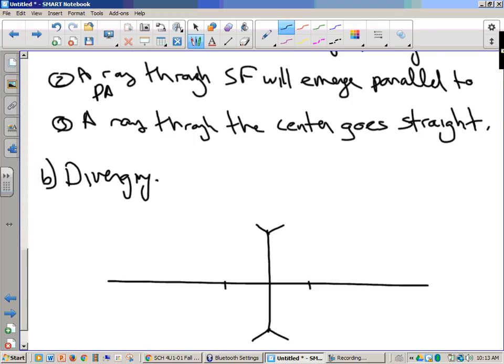My light is coming from the left again, PF, SF. A ray that comes in parallel to the PA.